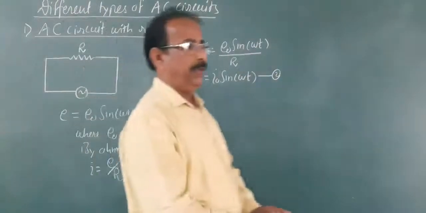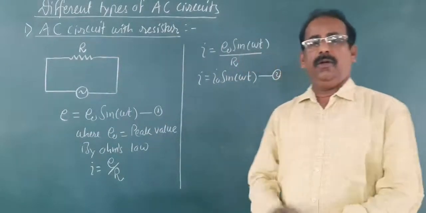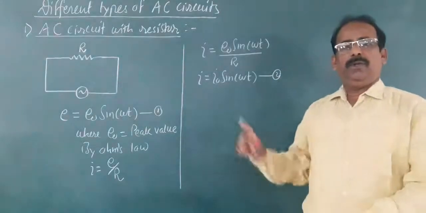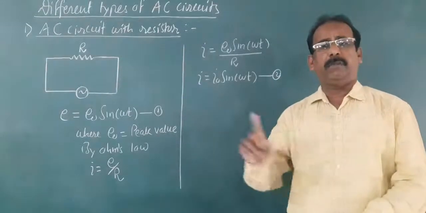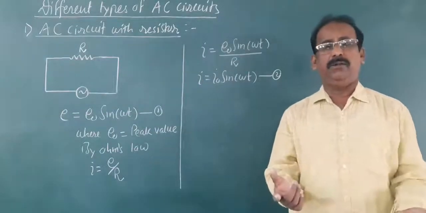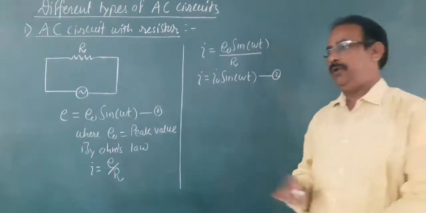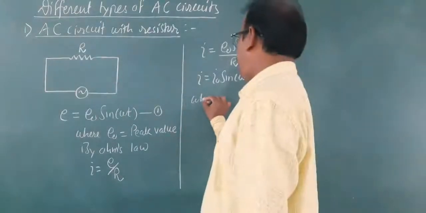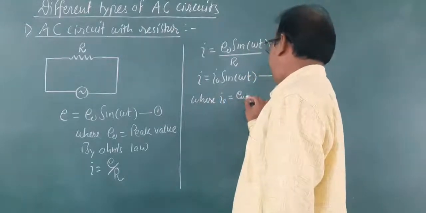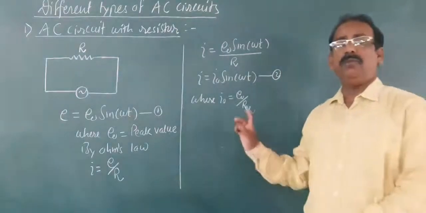As the maximum value of sine function is 1, we say that the maximum current flowing in the circuit is equal to I0, which is nothing but E0 upon R. This is maximum value of current.